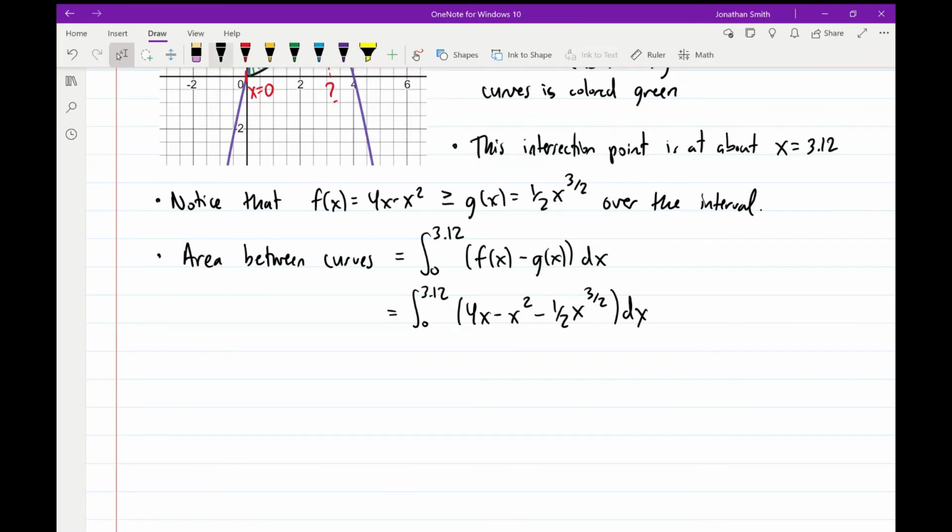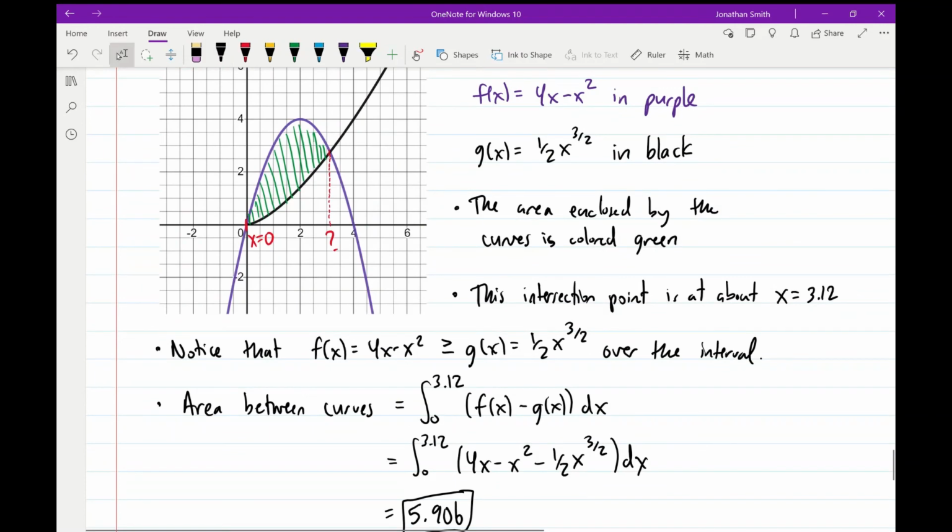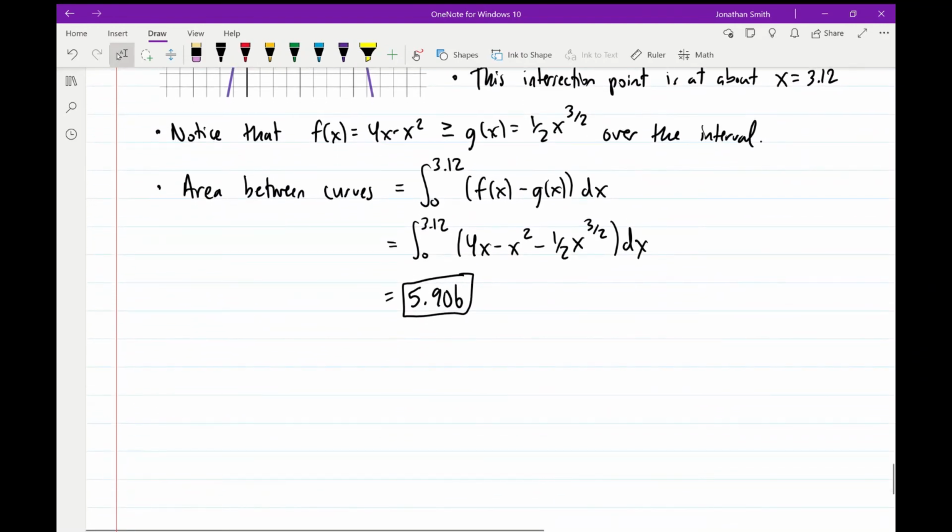Now back in OneNote, we can finish up this problem and say that this final definite integral was equal to 5.906, where we used Desmos. And so what this tells us is that this green area between the two curves that we had graphed is in fact equal to 5.906.